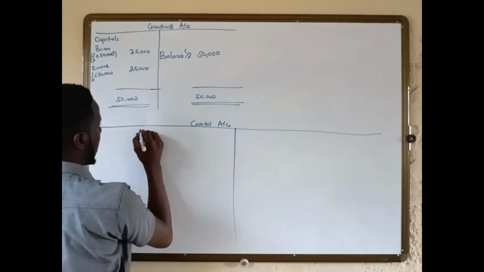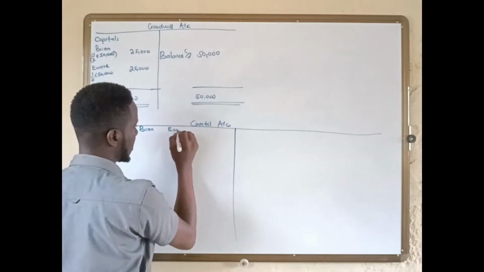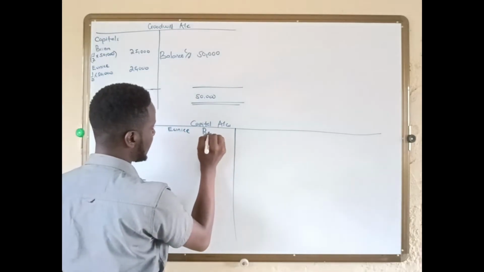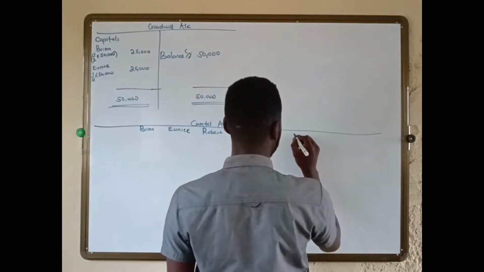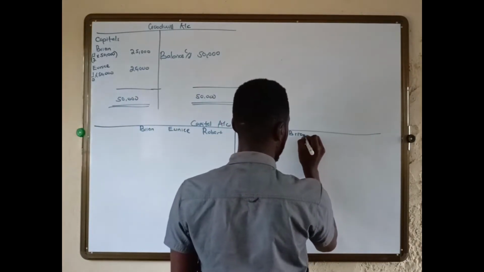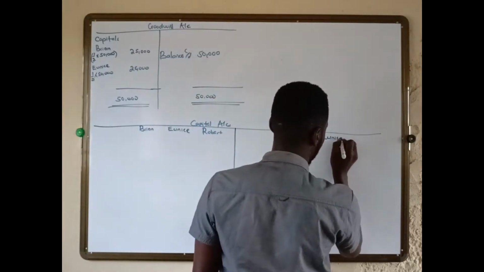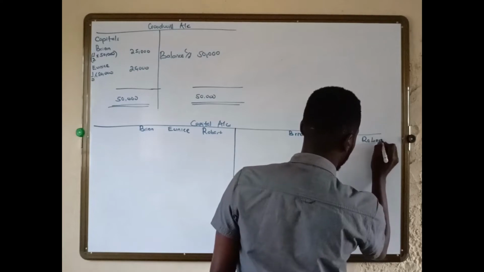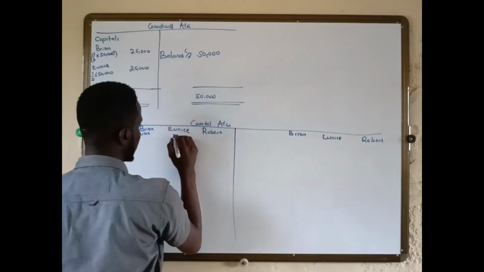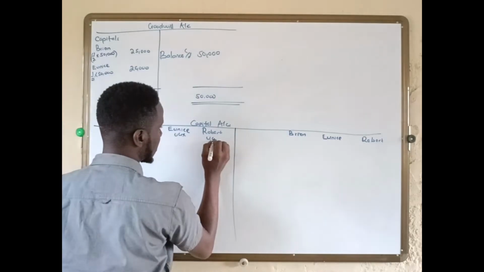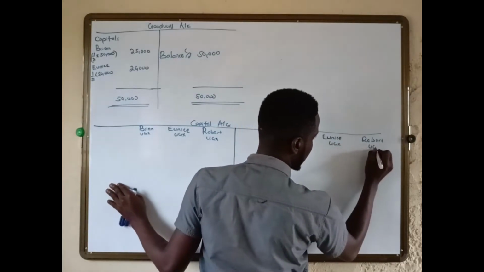We have Brian, we have Eunice, and we have Robert. Still the same thing on this side, we have Brian, we have Eunice, and we have Robert. And of course, we're going to be working in Ugandan shillings here, like this, and like this.